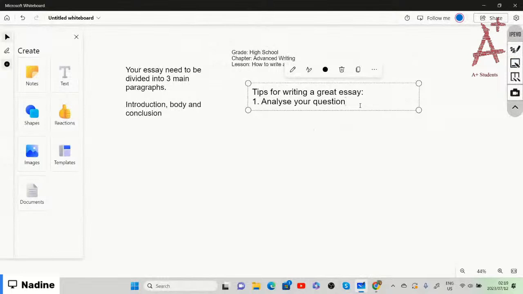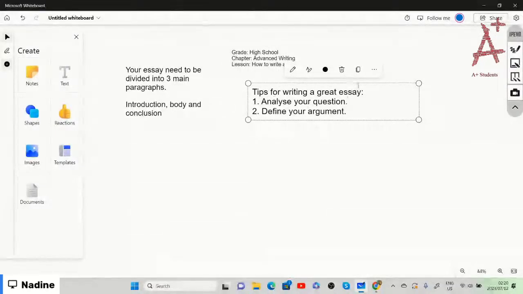All right. Then the second one: after you have analyzed the question, now you need to define your argument. And remember, before you write your essay, you need to also have all your planning. You have a mind map and you already have a brief structure of what you're going to write within your essay. That is also where the analyzing of your question comes in.